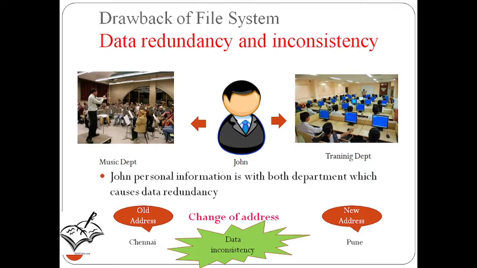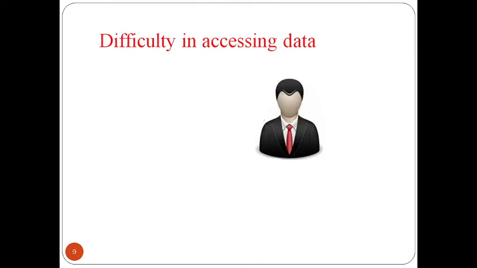So John went to the music department and changed his address from Chennai to Pune, but he forgot to change the address in the training department. Now the music department has his new address as Pune, and the training department has only the old address, Chennai. Now there is data inconsistency between the two places. The same person's data doesn't match up. These are irregularities, and this is called inconsistency of the data. This problem arises due to the file system.